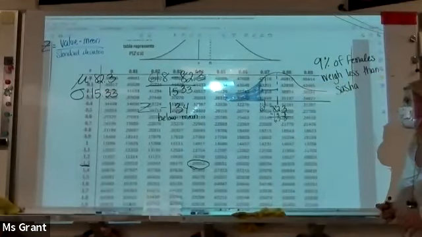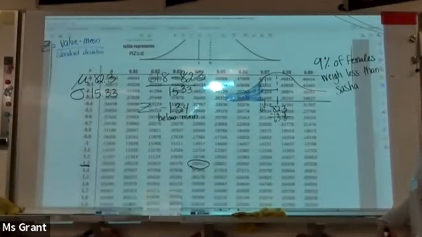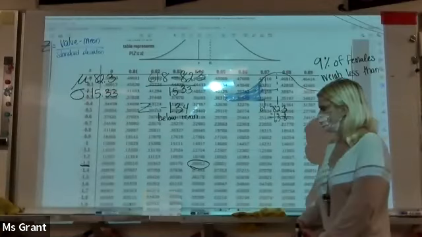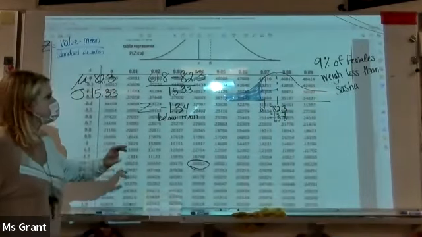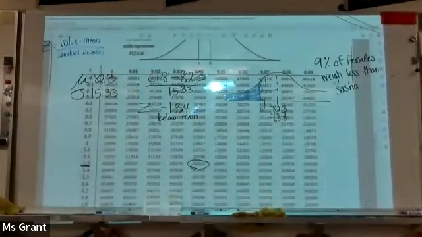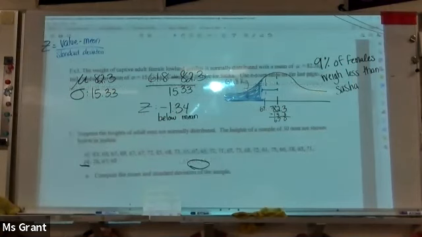Okay. So this is the chart. So I can go back to the actual problem. I said that my shaded area, wait, where is it?